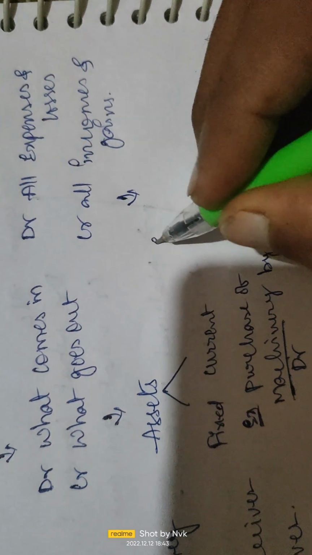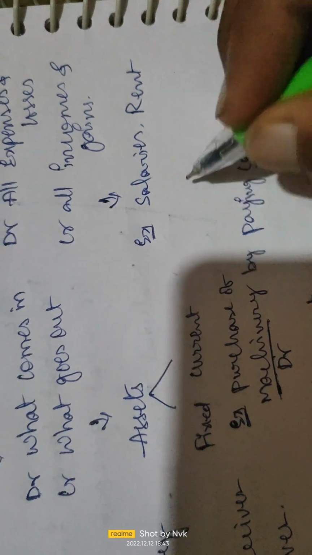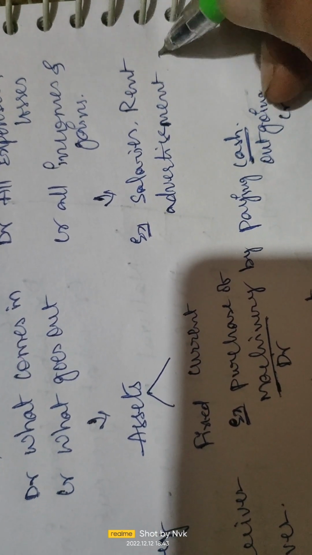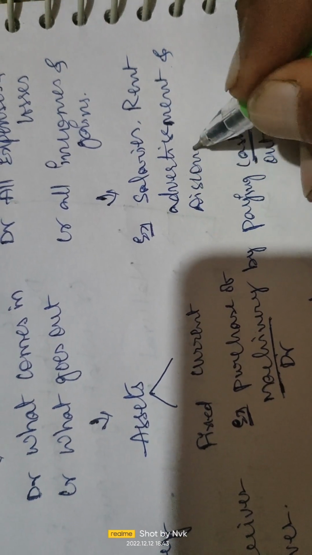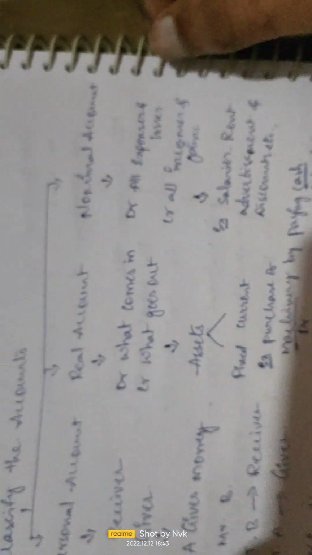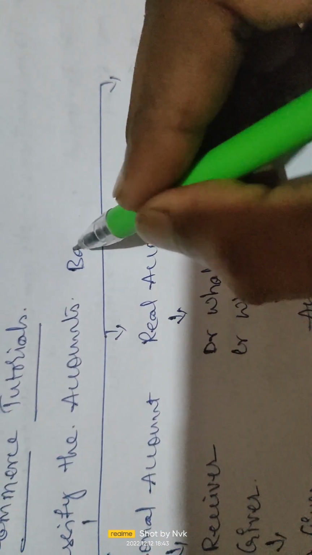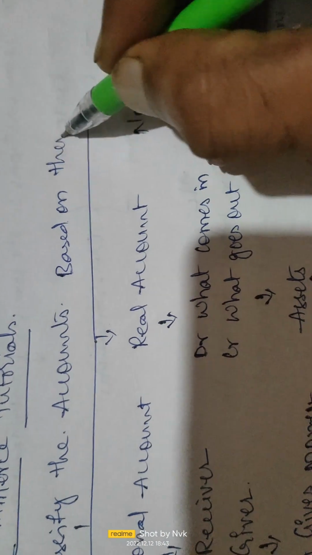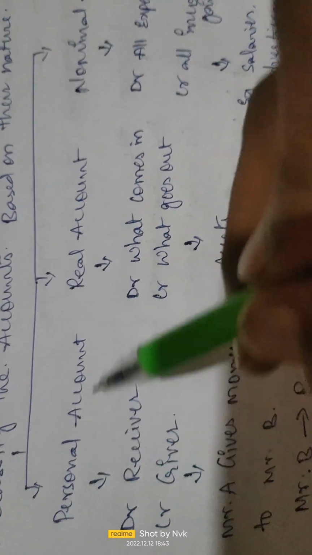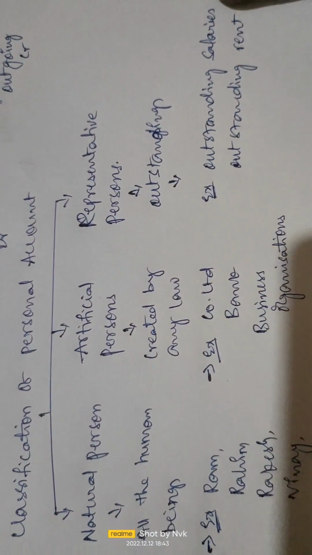The examples of the nominal account are salaries, rent, advertisement, discounts, etc. If we are clear about these concepts, that is classifying the accounts based on their nature as personal, real, and nominal account, then we can easily pass the journal entries without facing any problem.